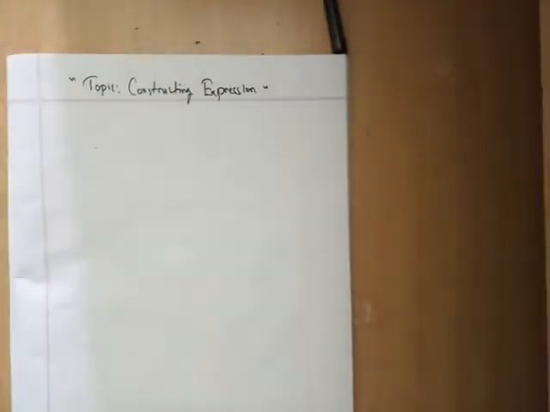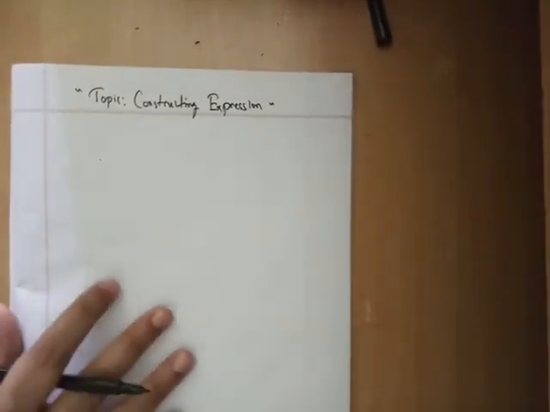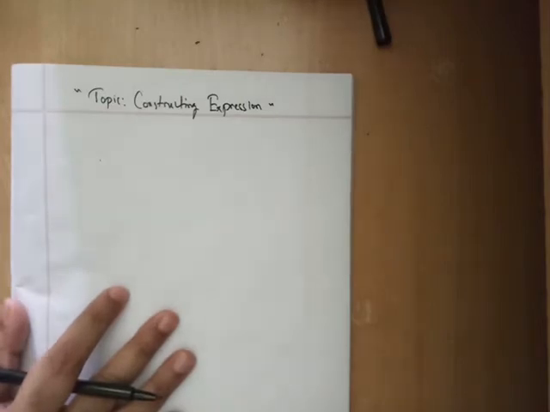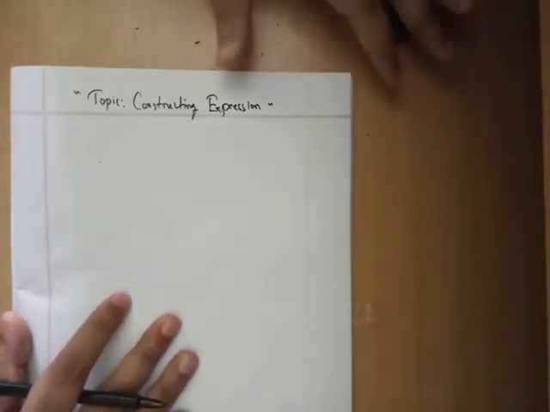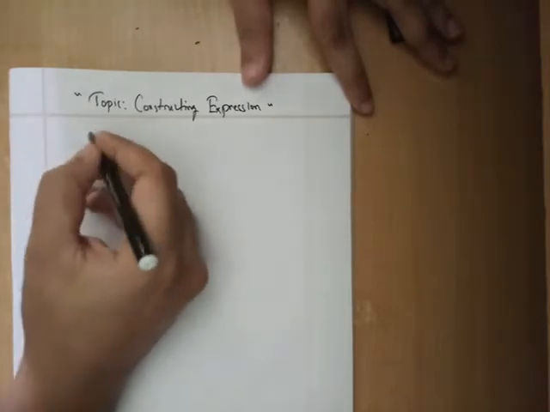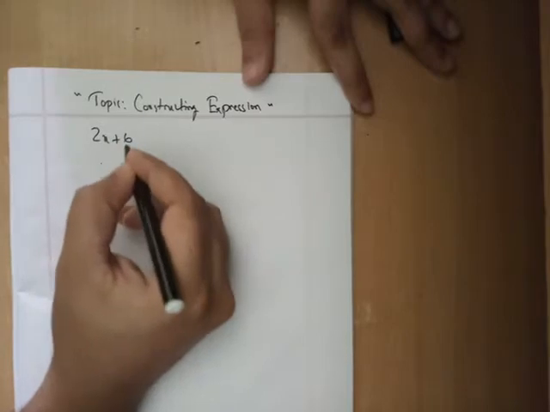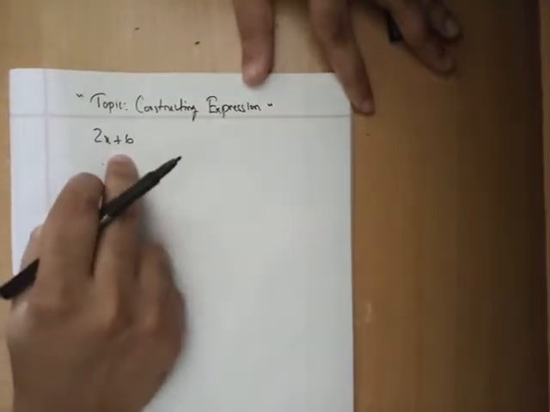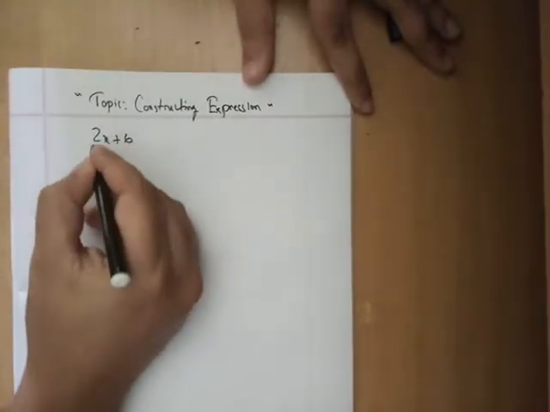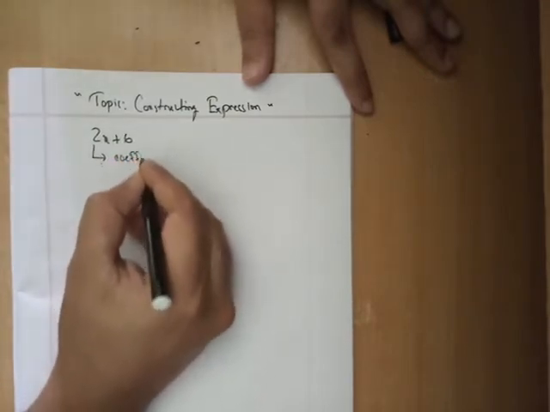Okay, so the topic that we are going to cover today is constructing expressions. I guess we already have prior knowledge about an expression. Just to start with it, an expression looks like this: 2x plus 6, right? So this is an expression where this 2 is called the coefficient.